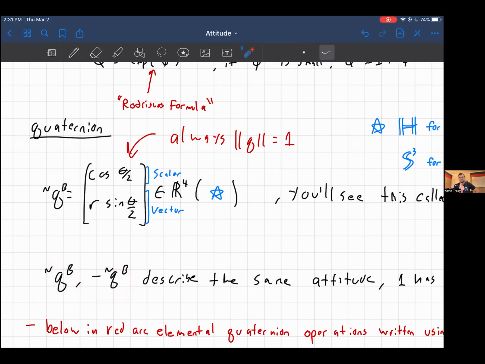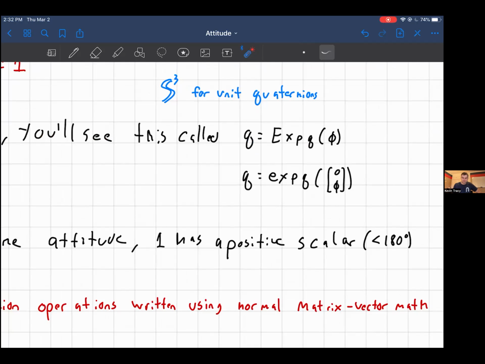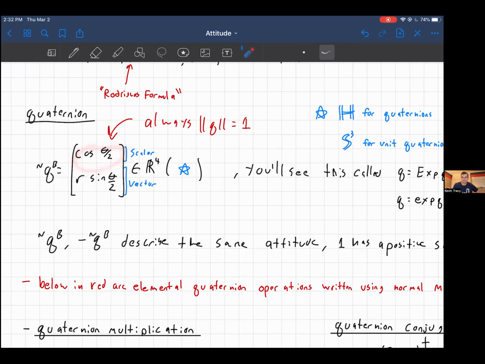One goes greater than 2 pi, one goes less than 2 pi. One of them, Q or minus Q, will have a positive scalar, which we see just by looking at cosine of theta over 2. The one with a positive scalar means theta is less than pi. If cosine theta over 2 is negative, it means theta is greater than pi.